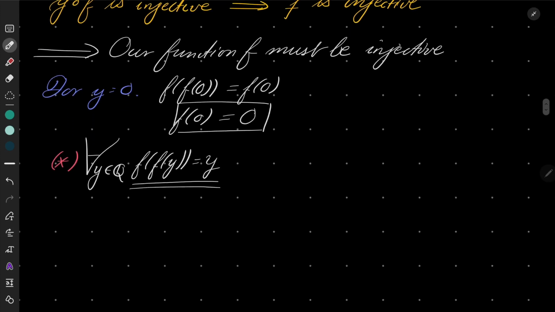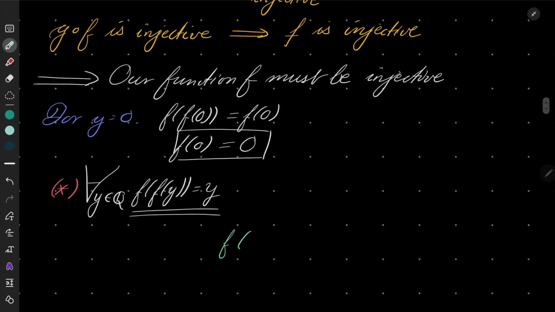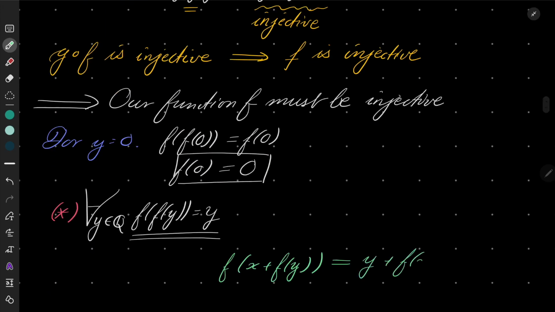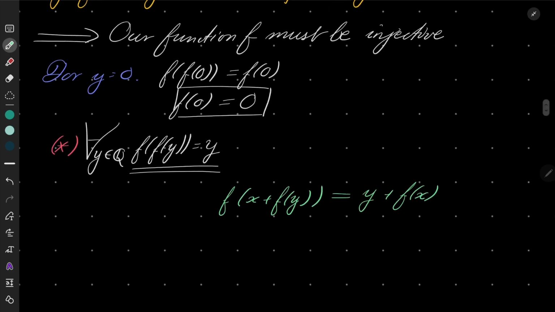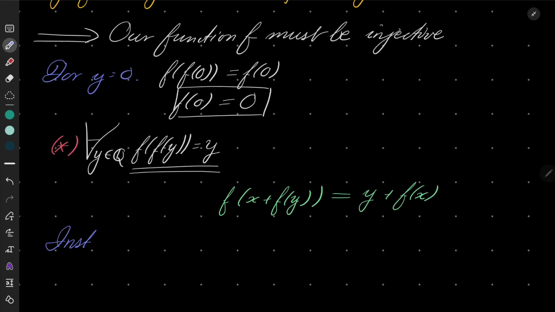So let's take our original equation once again. Our original equation was f of f of x plus f of y equals y plus f of x. And now let's do the following. Instead of x, let's put f of x, because our equation is satisfied for every rational x and y.